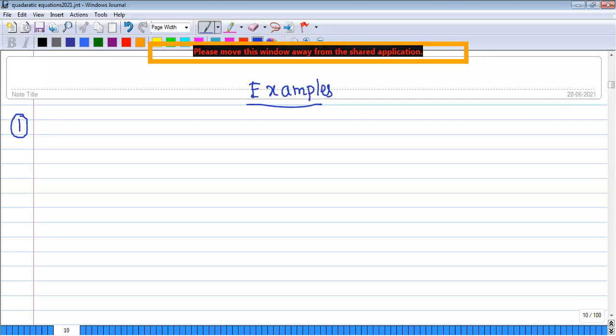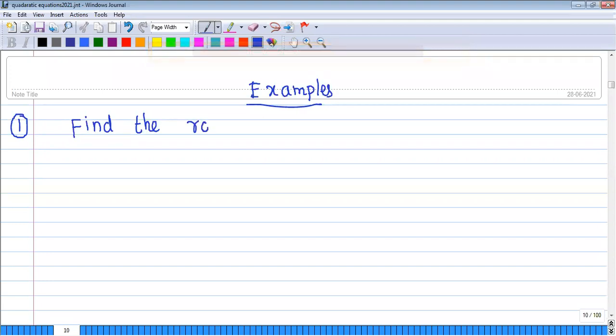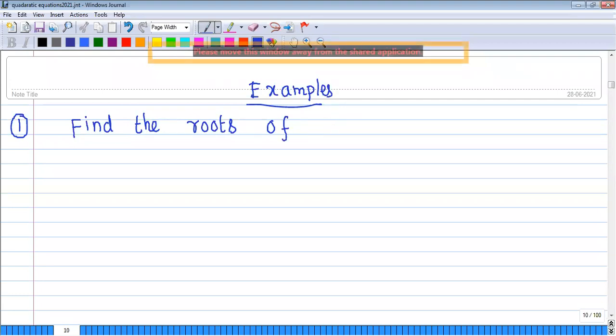Let me wait for a while. Find the roots of x square minus 7x plus 12 is equal to 0.